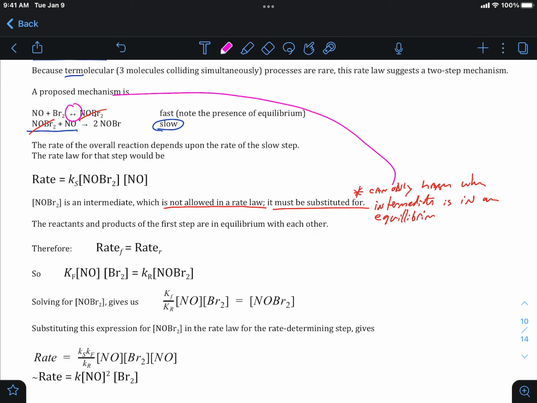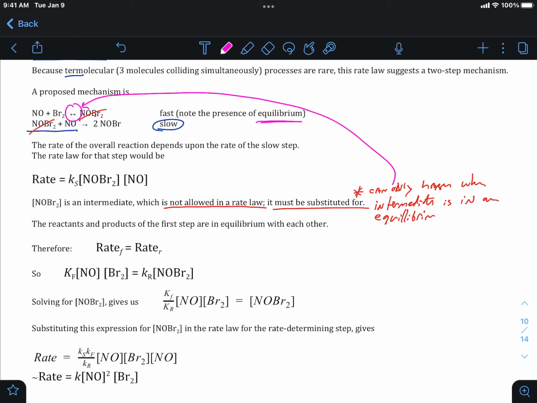Does everyone see that double arrow? Equilibrium is our next unit, right? But for right now, you just need to recognize equilibrium as being a two-way arrow, or it'll literally say fast with equilibrium. Okay, which this one does right here.